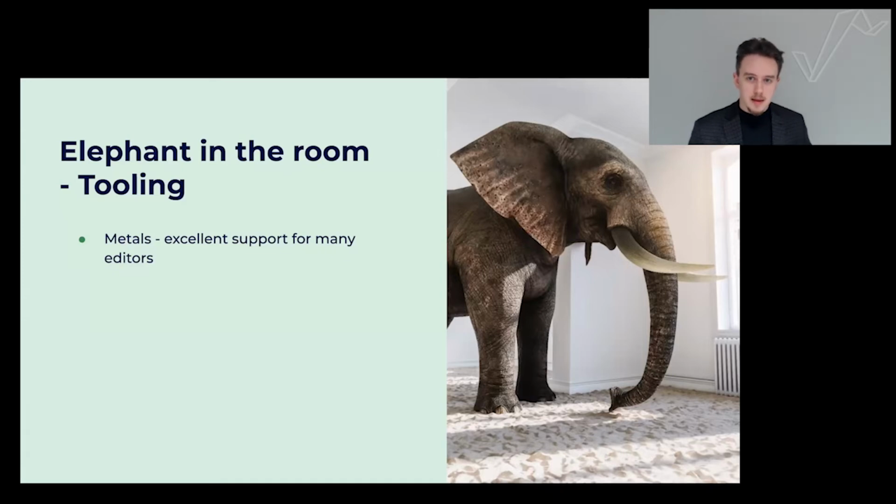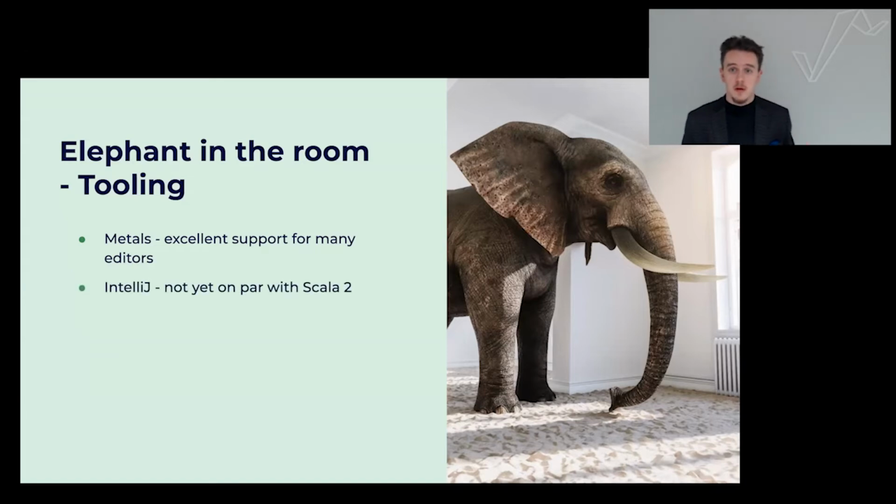When you are using Metals, when you switch from Scala 2 to Scala 3, you will not notice any difference. The level of support is excellent here. But lots of people are not using Metals, they are using IntelliJ. And with IntelliJ, they are still not on the same level for Scala 3 support as it was with Scala 2.